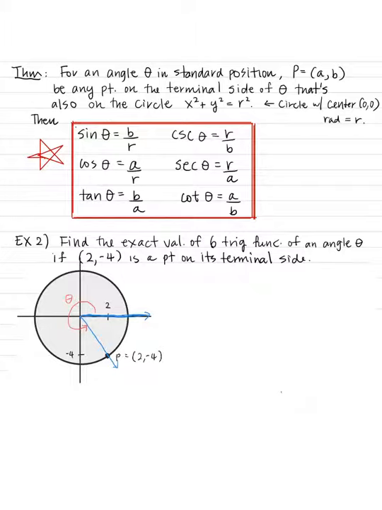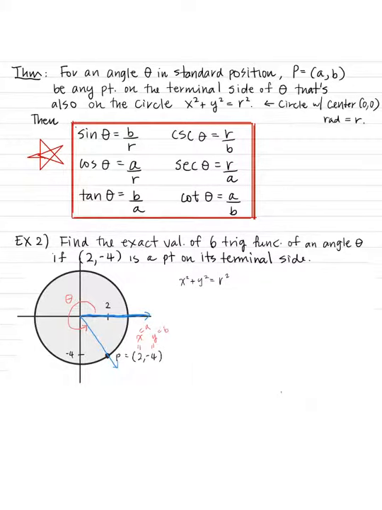Okay, so first what we need to do is determine the radius of the circle. Let's use the formula x squared plus y squared equals r squared to solve for the radius. This is your x, or a, same thing as a, and then this is your y value, which is equivalent to b.